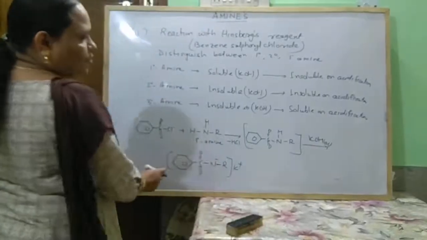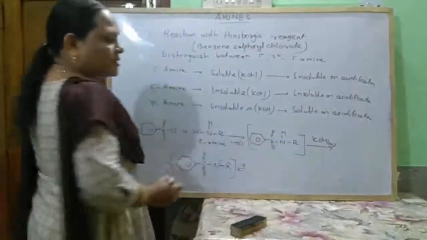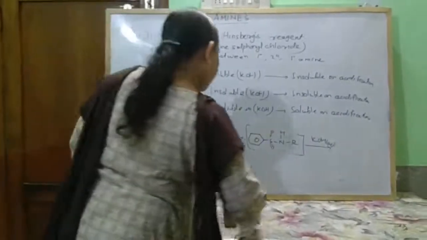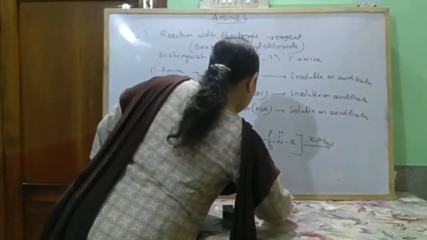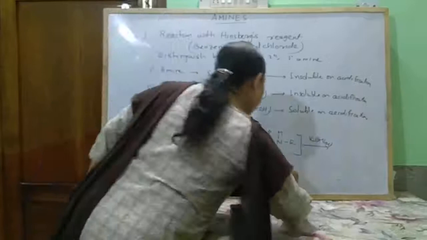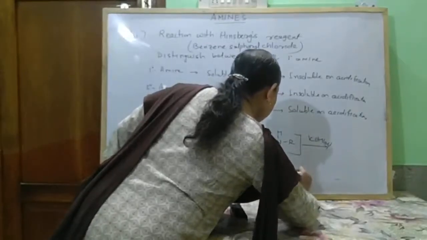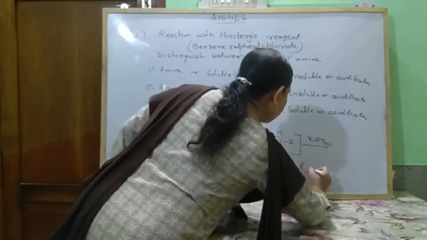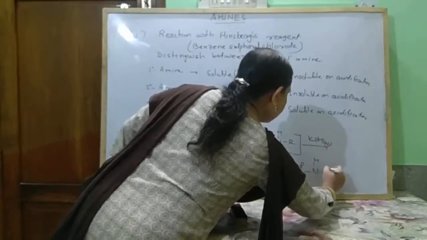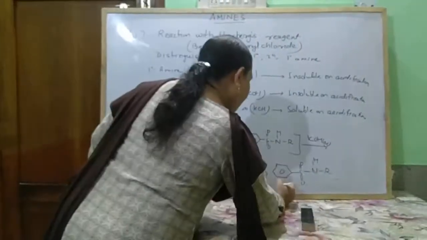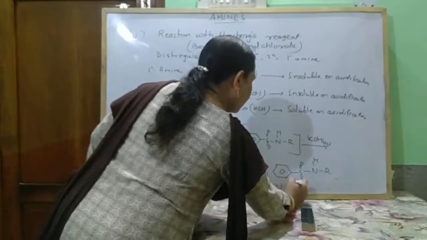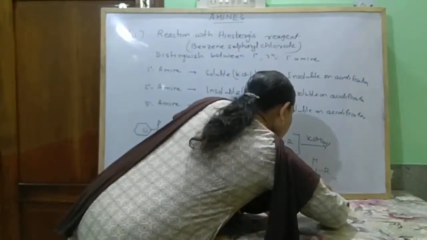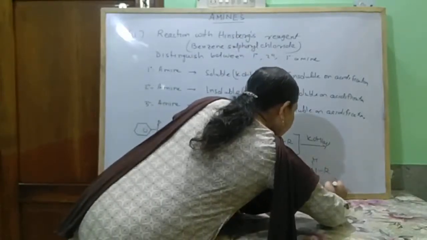This forms a sulfonamide, N-alkyl benzene sulfonamide. So this is a salt of N-alkyl benzene sulfonamide, which on acidification forms again this compound, which is insoluble, NHR. This is N-alkyl benzene sulfonamide.